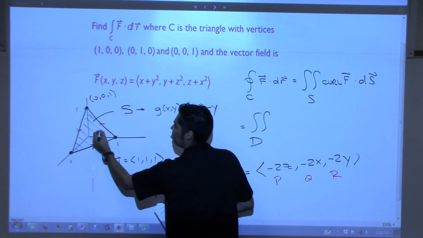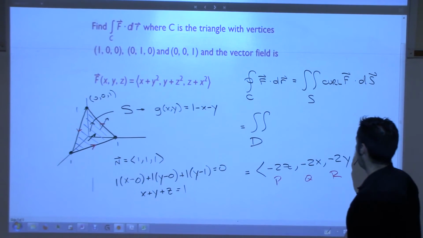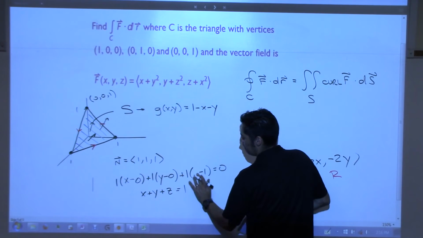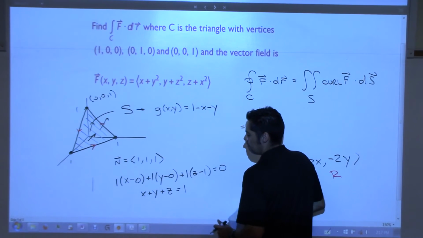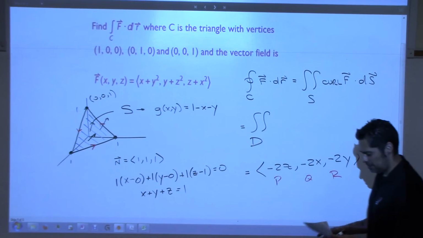Why is that a y? Where you dotted the normal with the plane equation? Oh, why is this z? Yeah, sorry, this should be z. Thank you. I did it right here, I just didn't do it right there.